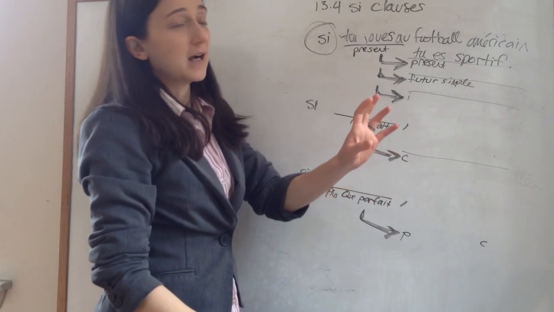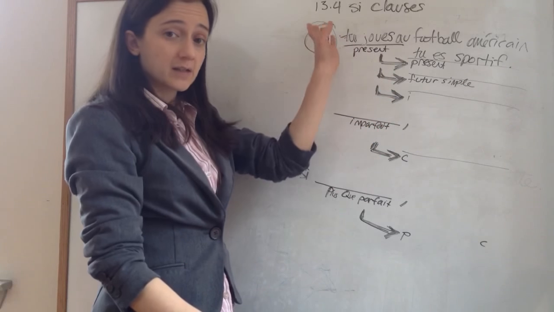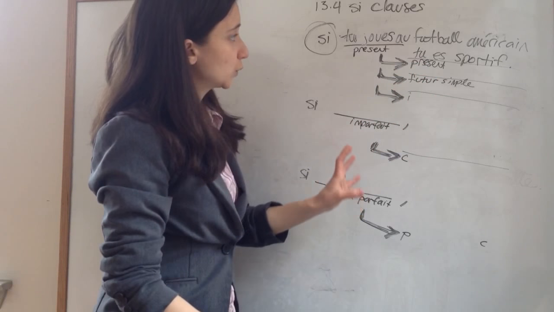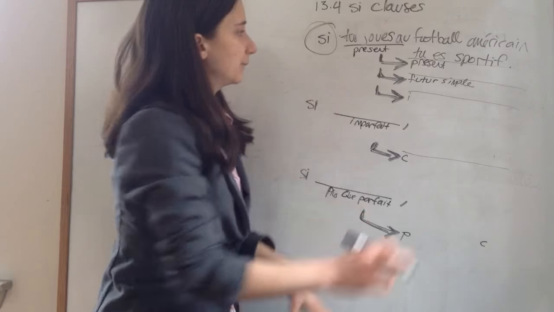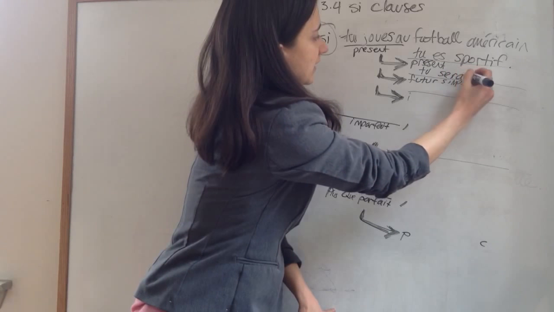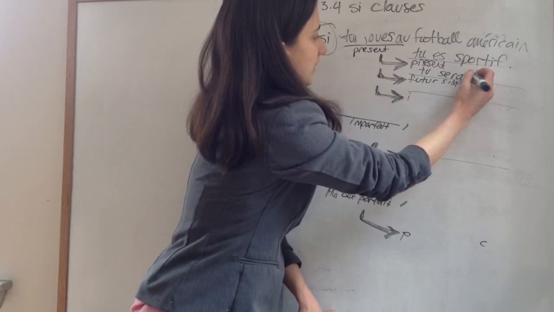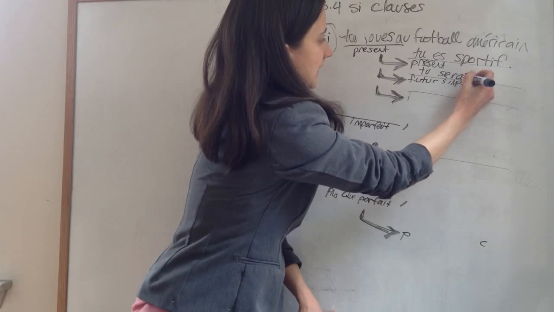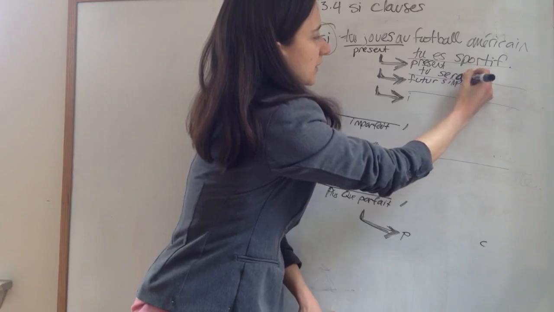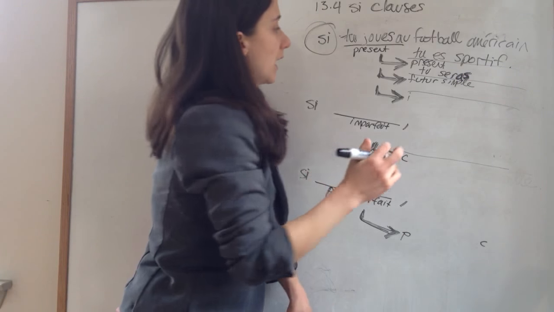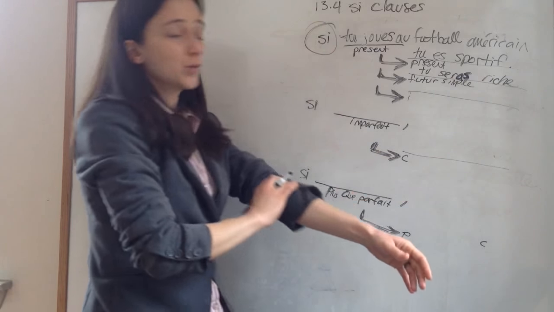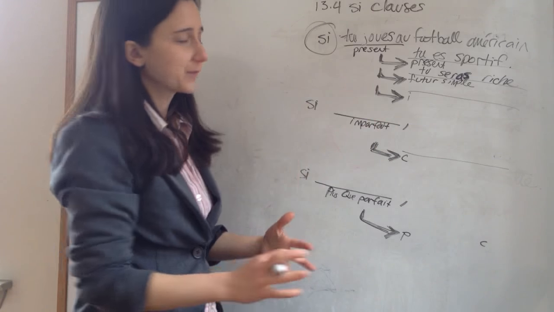But you can have present in the si clause and then future in the following clause. So, si tu joues au football américain, tu seras, okay, again, the future, not the conditional, it's the future. Tu seras riche. Okay, you will be rich.